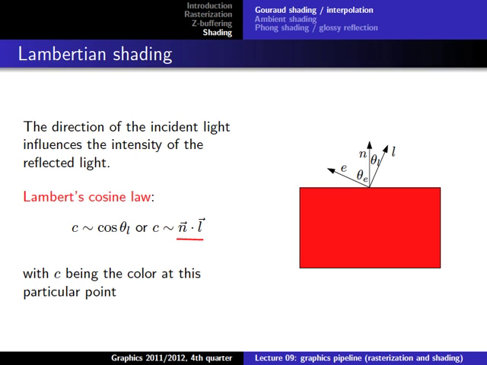And you remember hopefully that the scalar product was defined as the cosine of theta times the length of one vector times the length of the other vector. That is the scalar product of these two vectors.